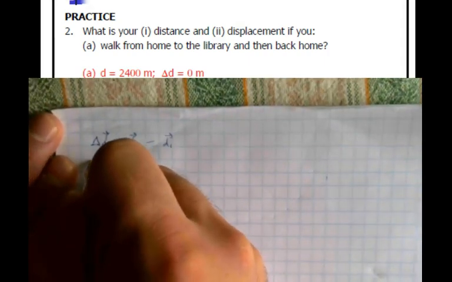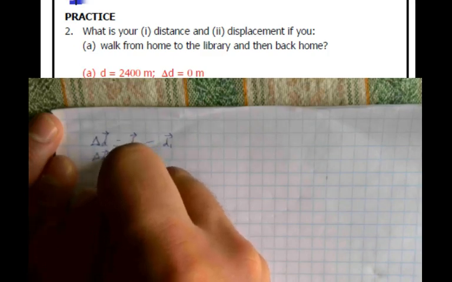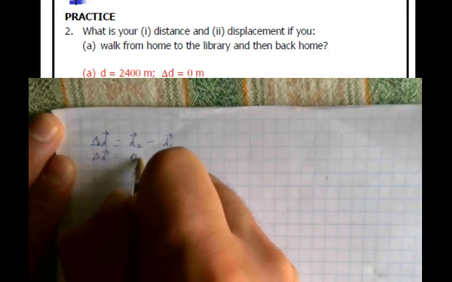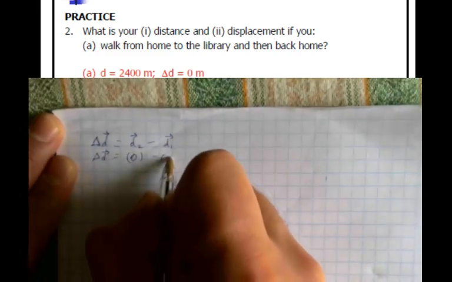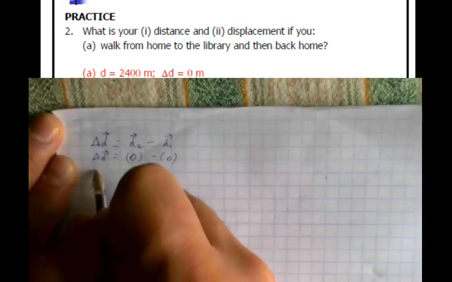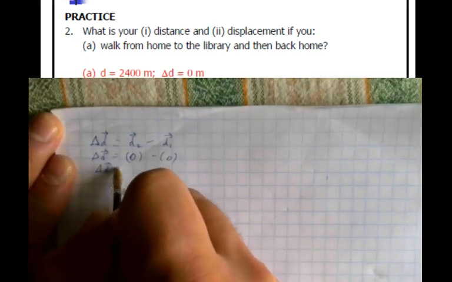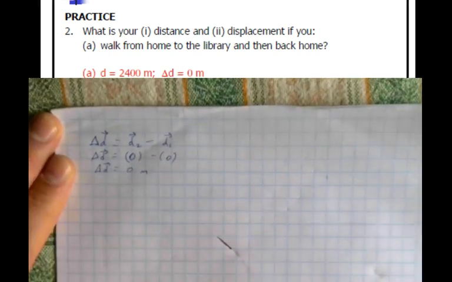And position vector 2 is 0, because that is the point where we start, home, minus position vector 1, which is 0. So our displacement is 0 meters.